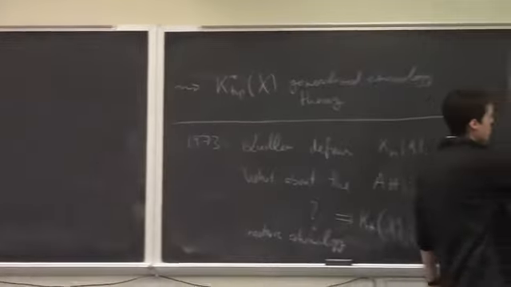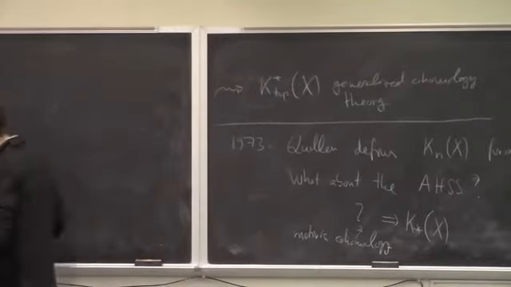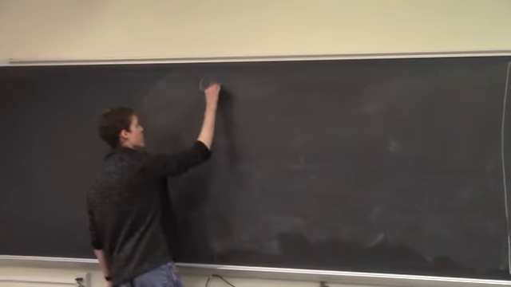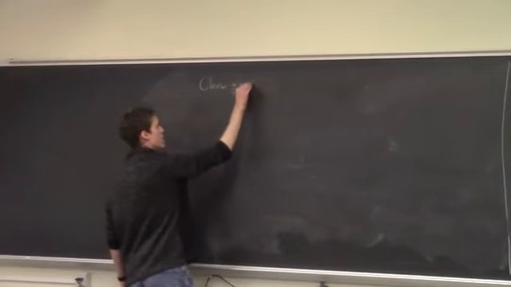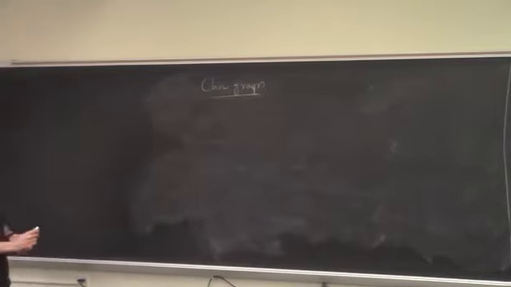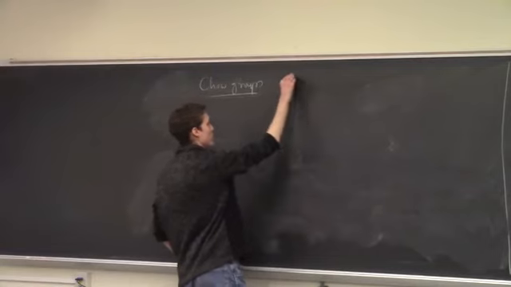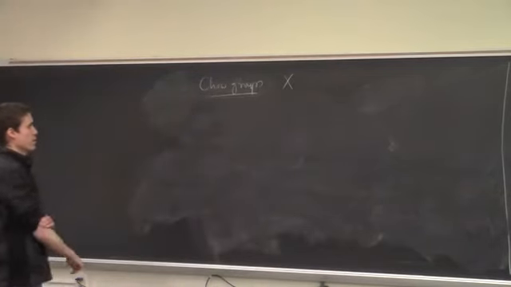So let me give you an idea of what these higher Chow groups are. First, let me tell you about the ordinary Chow groups. So X is going to be a variety here.